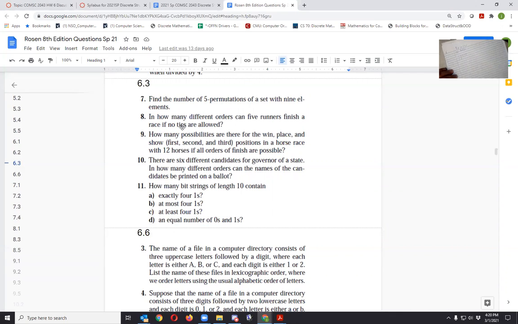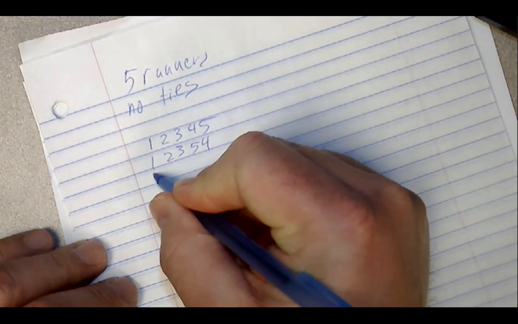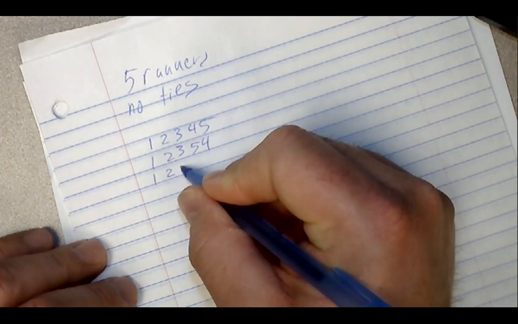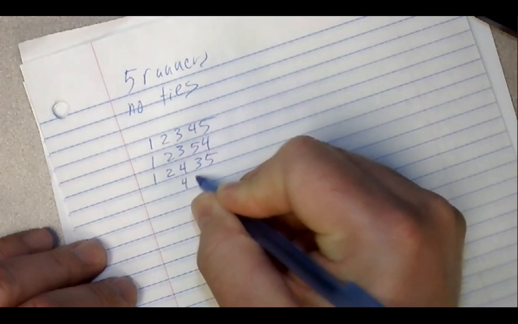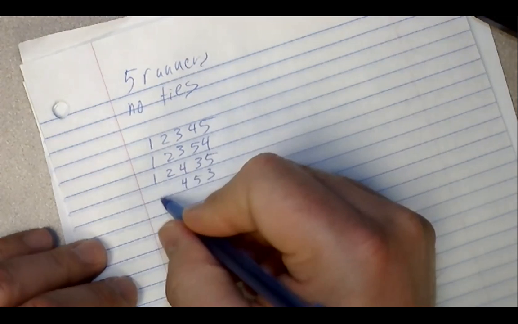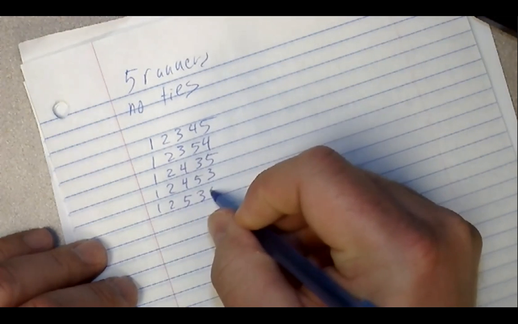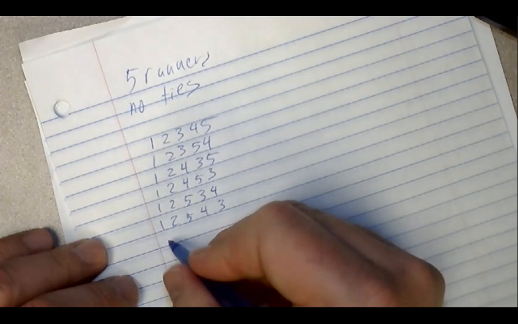1, 2, 3, 5, 4. 1, 2, 4, 3, 5. 4, 5, 3. 1, 2, 5, 3, 4. 1, 2, 5, 4, 3.